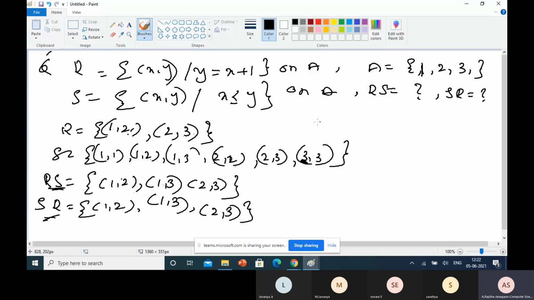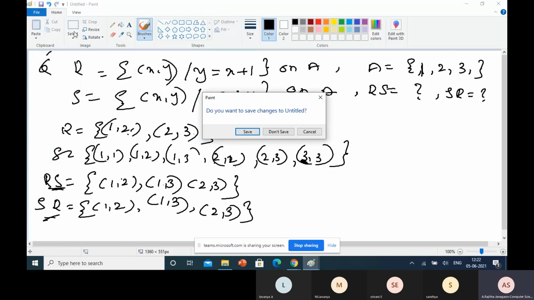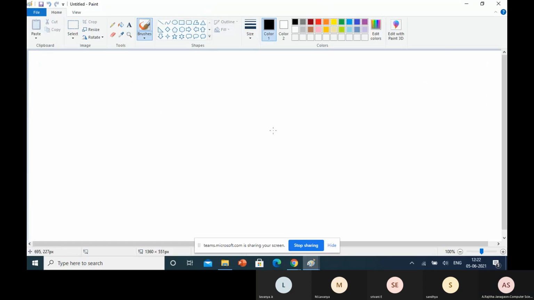That means in S, now one more example is like this. Suppose here like this. In R composed with S it is different.